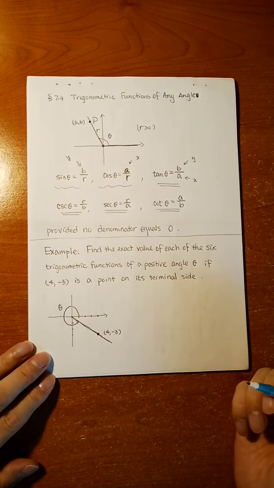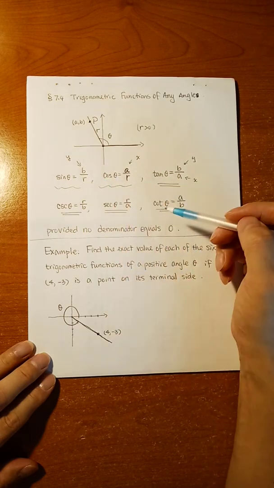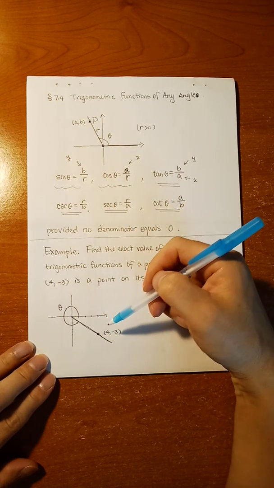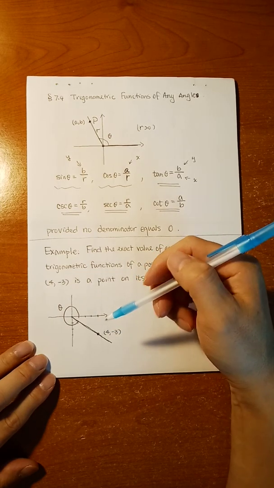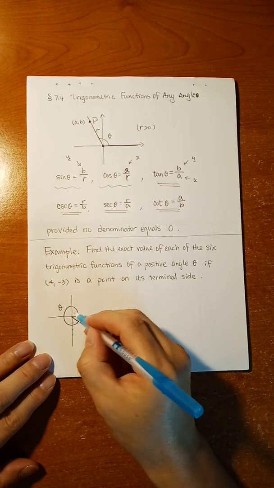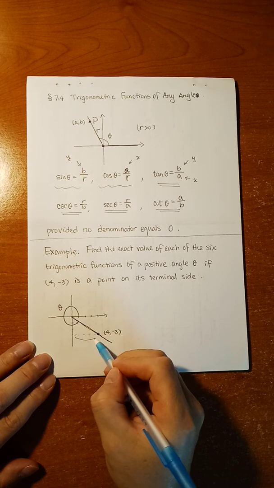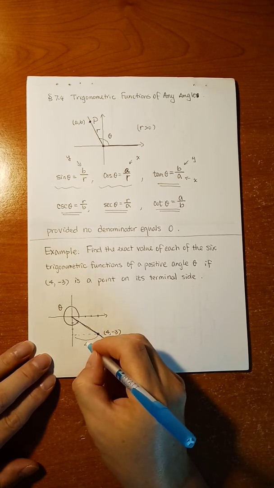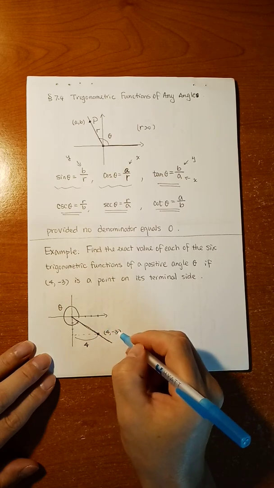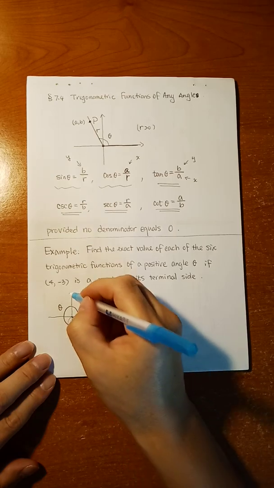And you see, in the trigonometric functions, you need a, b, r. But here you do not have r directly. What is the relation between r, a, and b? This side is 4, because 4 is the x coordinate, so it measures the horizontal distance. And -3 means this is a positive 3, because in the negative direction it's -3.